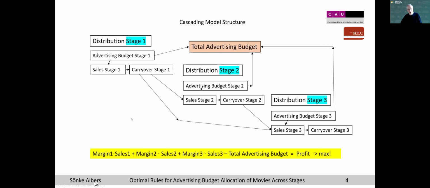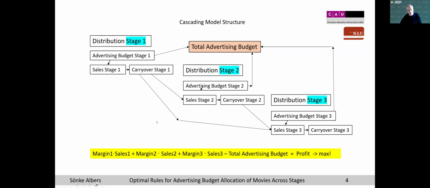Yeah, and therefore, we have what I call a cascading model structure. Here with 3 stages as assumed in the Lim-Lee article, and I assumed the same, but another contribution of my article is that it can be extended to any number of stages for the budget allocation.